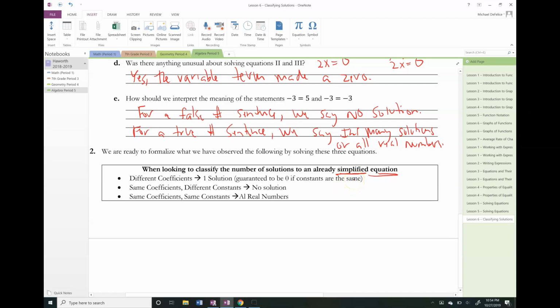If the coefficients are the same and the constants are different, you're going to have no solution. And if the coefficients are the same and the constants are the same, you're going to have all real numbers, which also means infinitely many solutions.